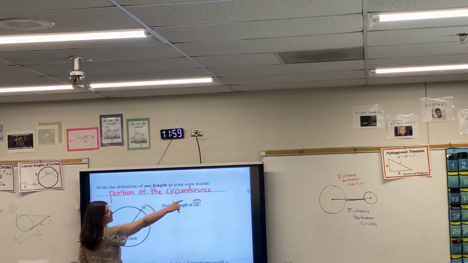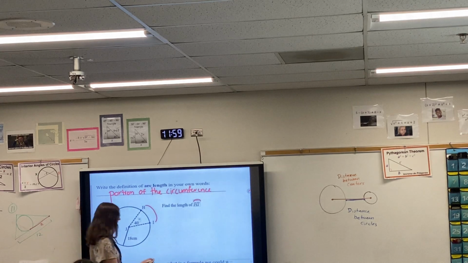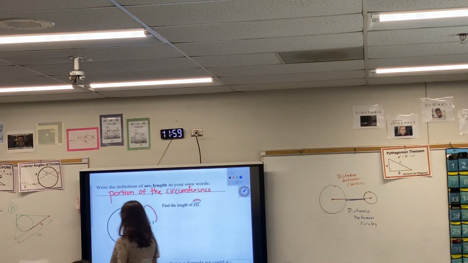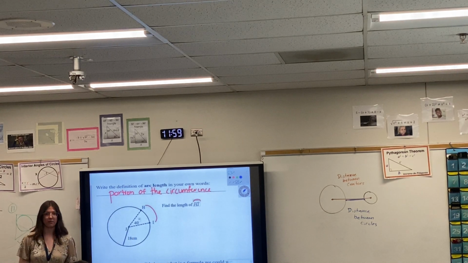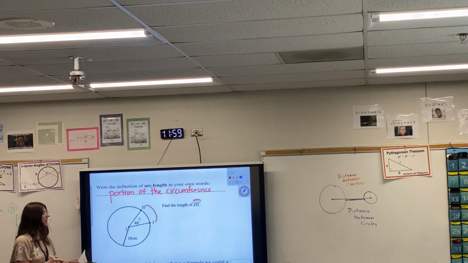A portion of the circumference is the arc length. So I'm going to think aloud the steps to figure this out because there's a formula for this, but I don't want to just tell you the formula. I want to show you how I'm thinking through how to find it.